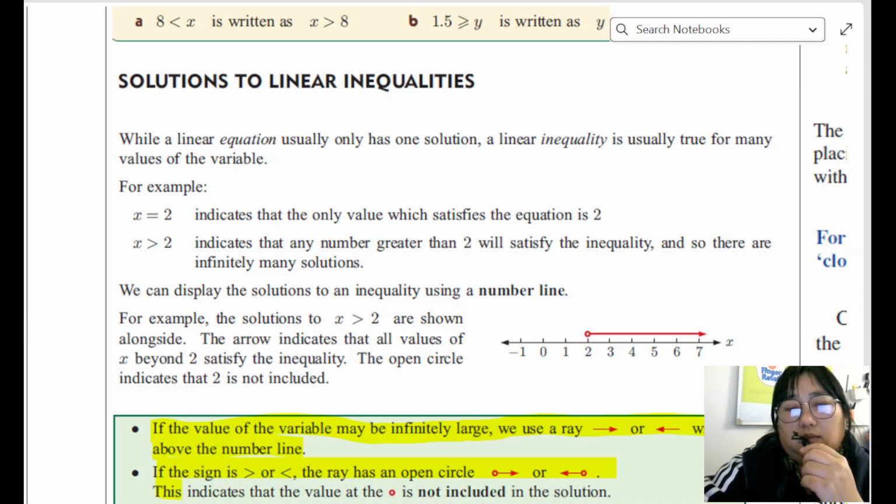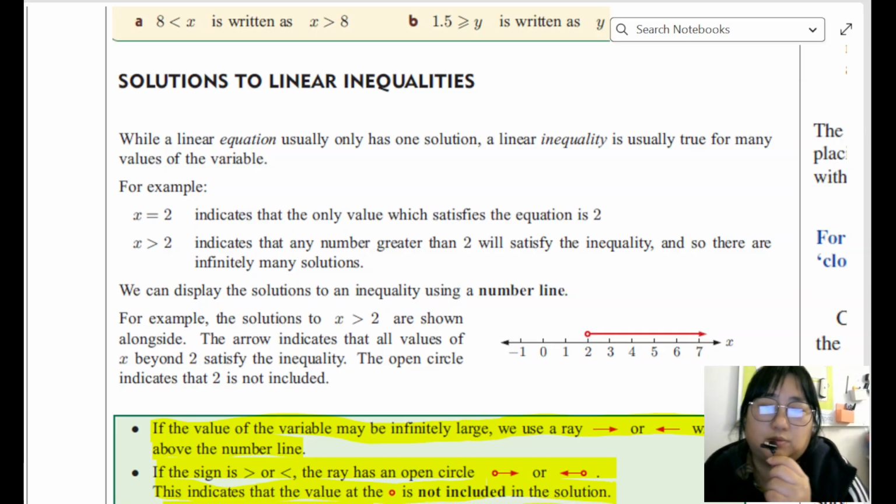That indicates the value at this hollow circle is not included in the solution. And if the symbol is greater than or equal to, or less than or equal to, the ray has a closed circle, so hollow versus solid. That indicates that the value at the solid circle is included in the solution.